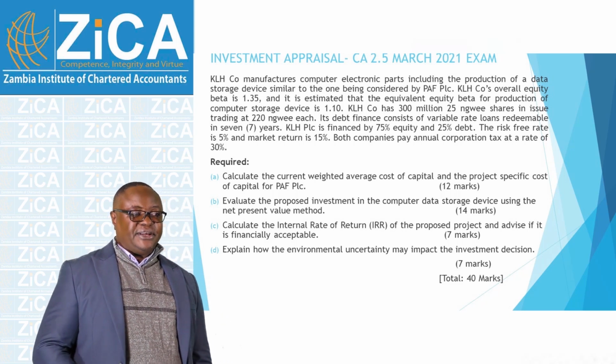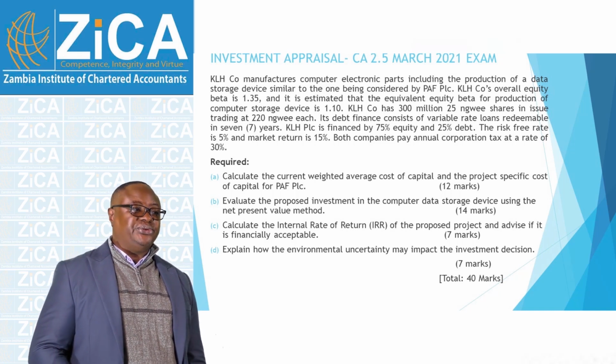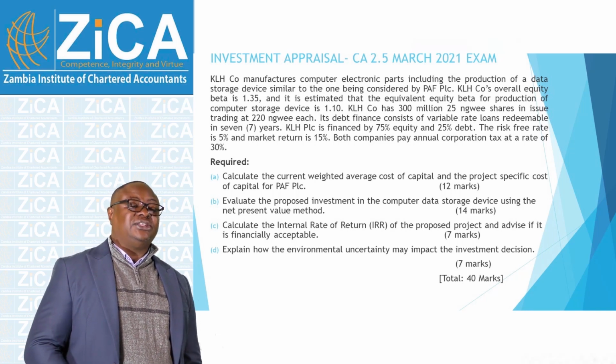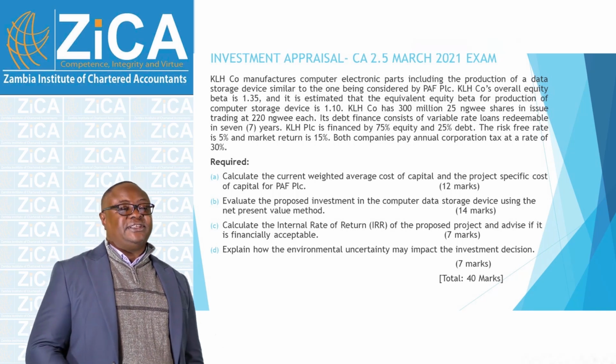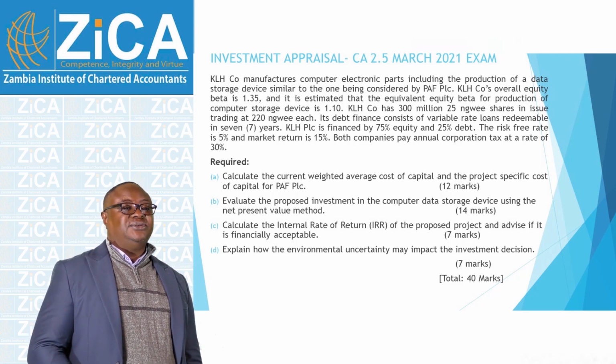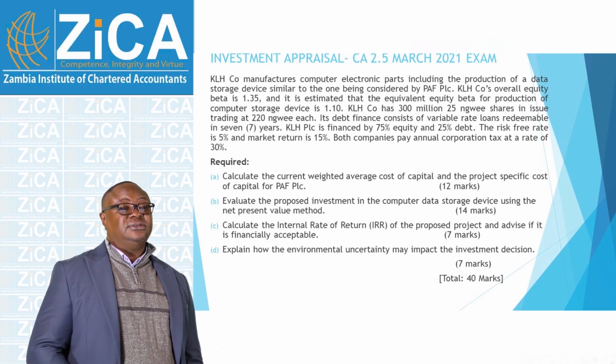The investment appraisal CA 2.5 2021 exam, we will use it to just show how you can allocate your time. So this was a 40 mark question which was compulsory, and using the 1.8 rule, we will try and see how you can distribute your planning of the time.